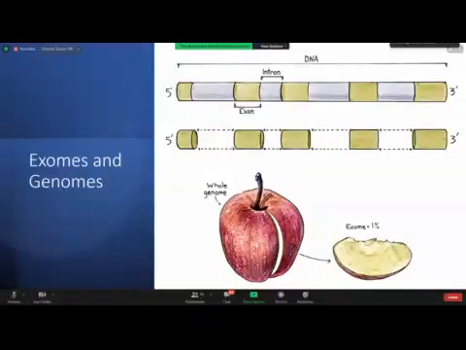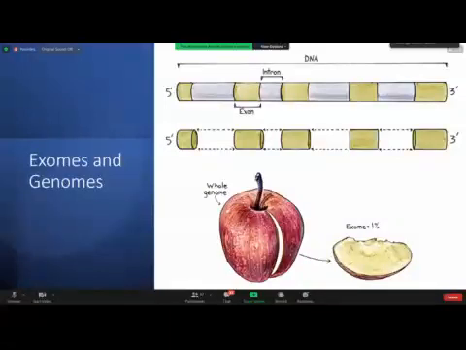So if you compare the whole genome and whole exome, this one slice is the whole exome and the whole apple is the genome. So out of the whole apple, this tiny slice that is 1 or 2% of the whole apple is the whole exome. And this has the coding portion of 25,000 genes or 30,000, जितने भी human genome हैं.